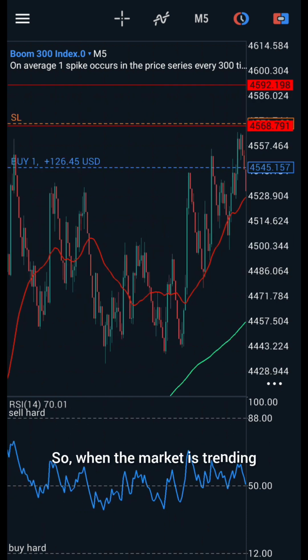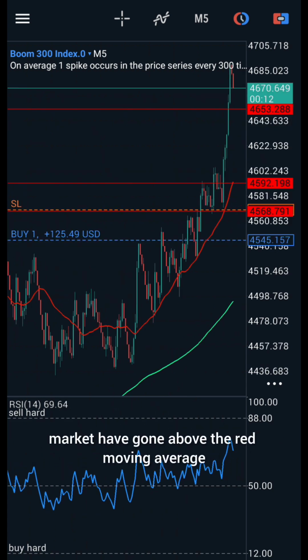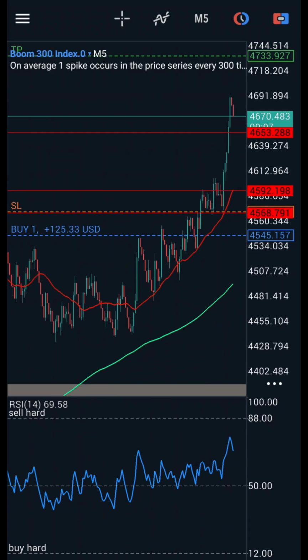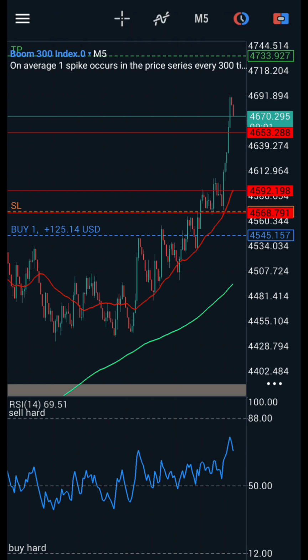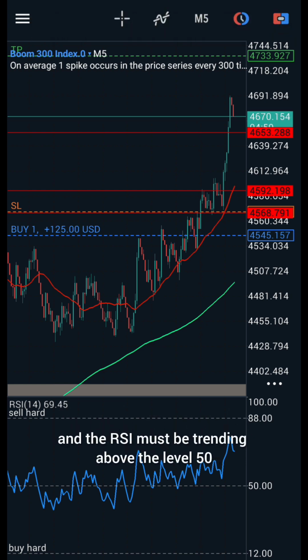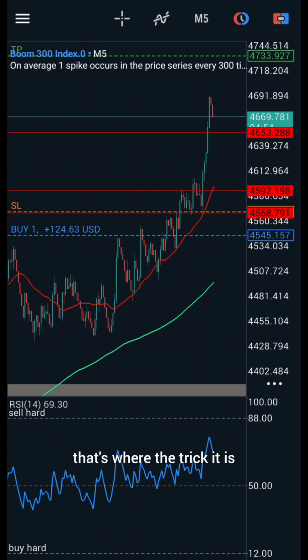When the market is trending and the red moving average is between the chart patterns, we are not going to take any positions until the market has gone above the red moving average. At the same time, the green moving average must be below our charts, and the RSI must be trending above the level 50. That's where the trick is.